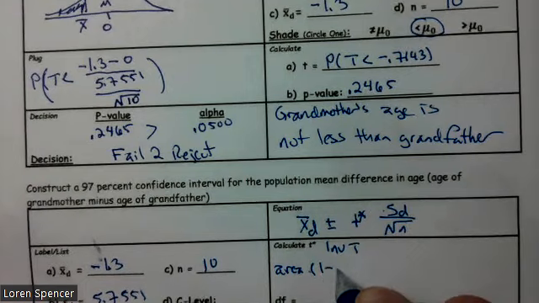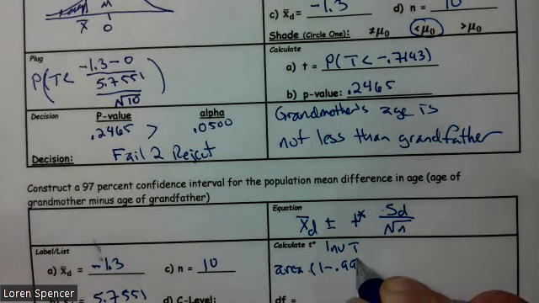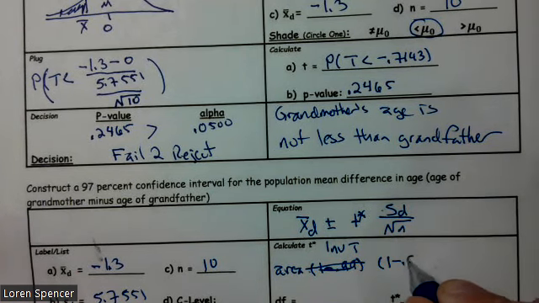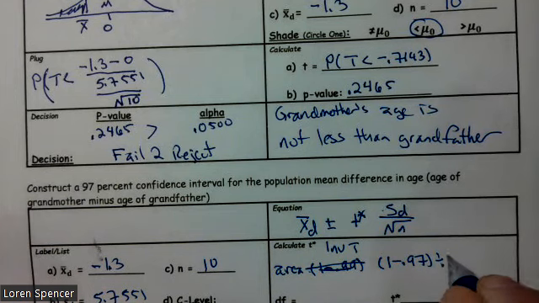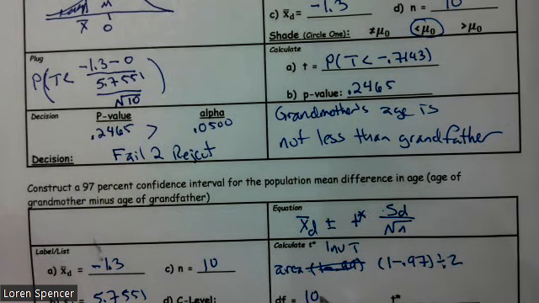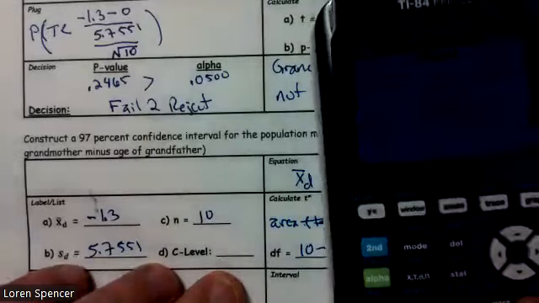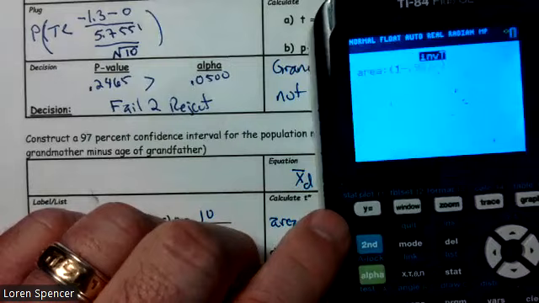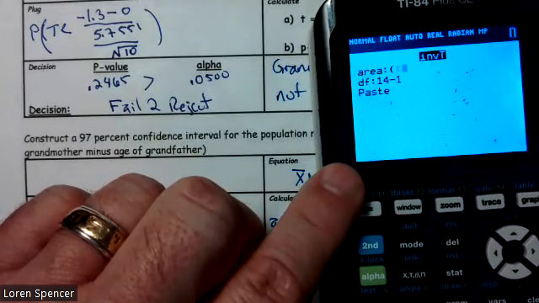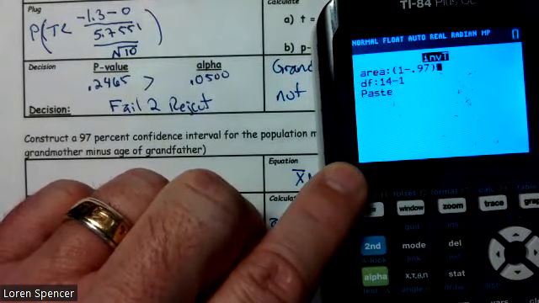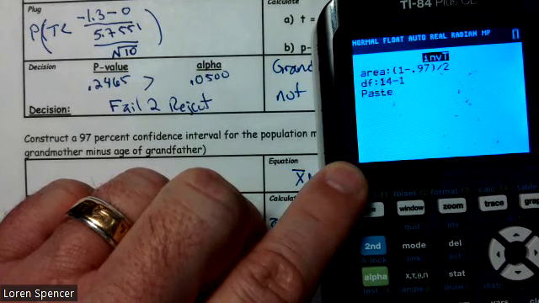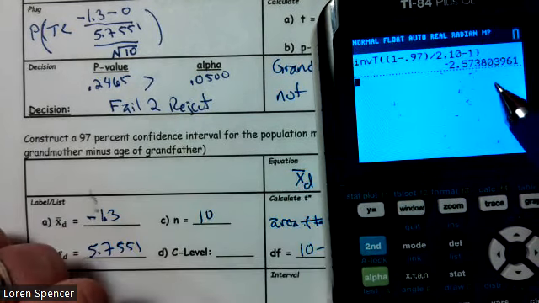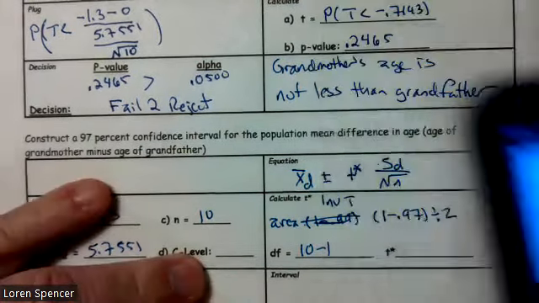Our area is going to be 1 minus 0.97 divided by 2. Degrees of freedom is going to be 10 minus 1. So let's go ahead and do that. Second vars, inverse T, parenthesis 1 minus 0.97, close parenthesis, divided by 2, comma 10 minus 1. And I end up getting 2.5738.